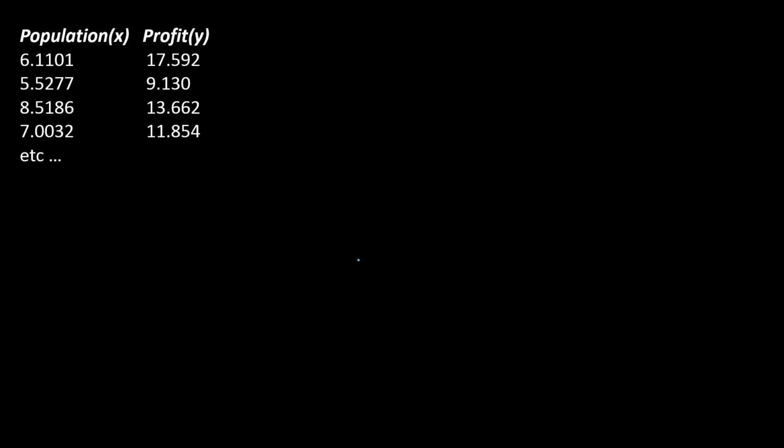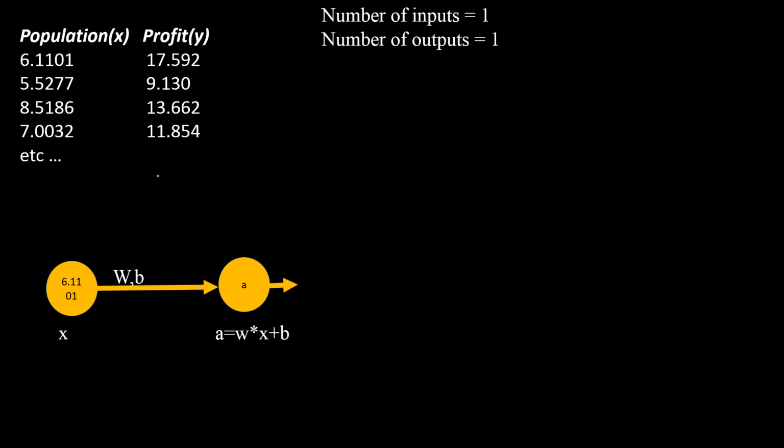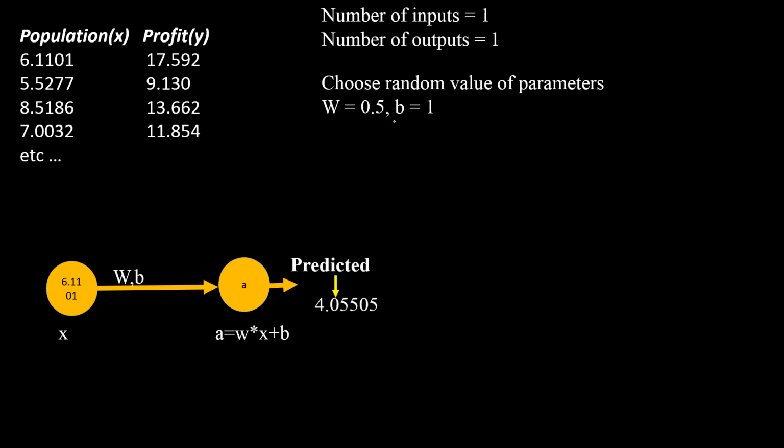Let me refresh everything we have discussed. We'll be given data x and y. This is simple linear regression, so we have just one x and then the y, so the number of inputs is 1 and the number of outputs is 1. This is our linear regression model. Given x, we have to learn w and b so that we can predict a, which is w times x plus b. We don't know w and b, so initially we start by choosing some random values of w and b, and in linear regression we can use 0.